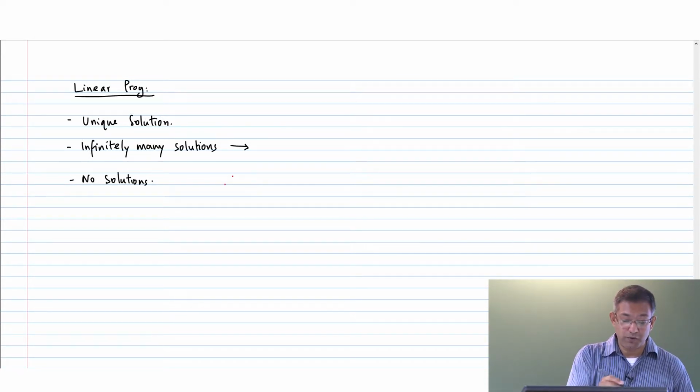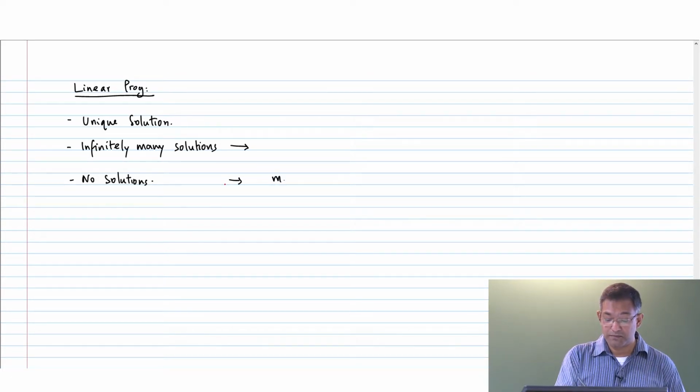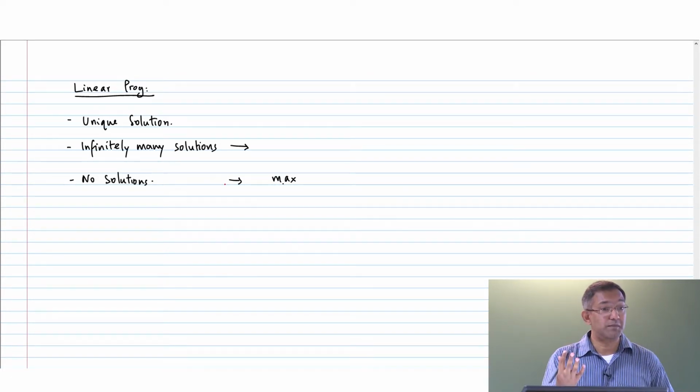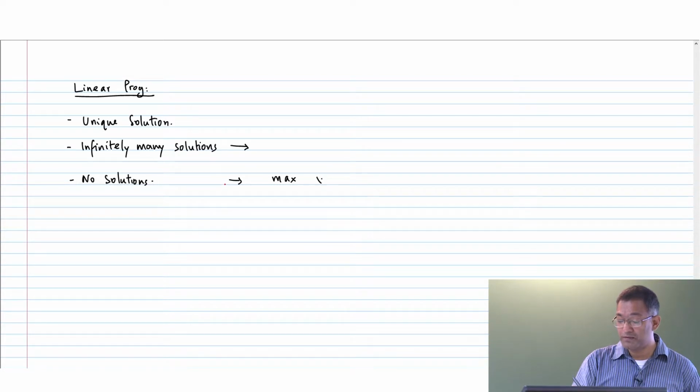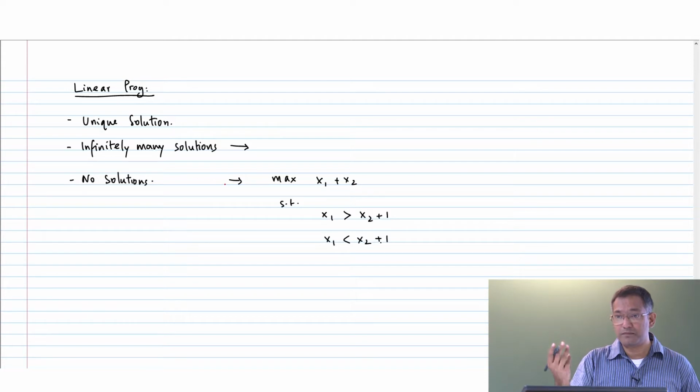It could also be that there are no solutions, and that is quite easy to construct. So, let us try to construct a linear program with no solutions. Let us say you want to maximize x1 plus x2 subject to the constraints x1 greater than x2 plus 1 and x1 less than x2 plus 1.